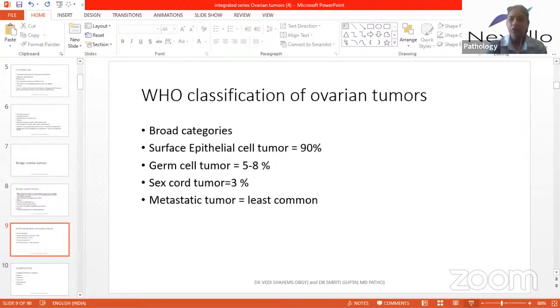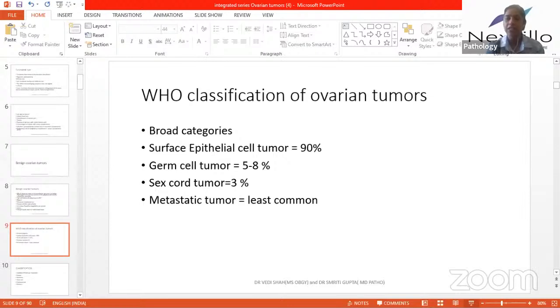The only major difference that you need to know is that in surface epithelial tumors, when we talk about the serous tumors, they were earlier all thought to be arising from the ovarian epithelial cells, while in the latest classification, we now know that the malignant or high-grade epithelial tumors do not arise from the ovarian epithelium.